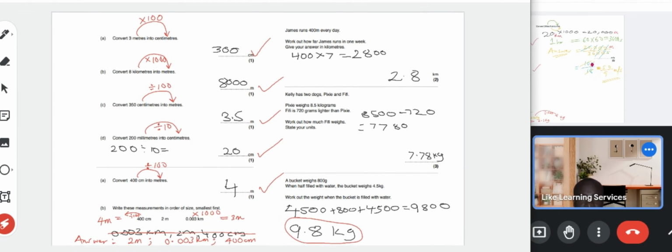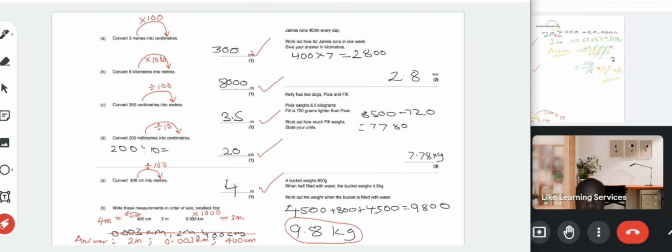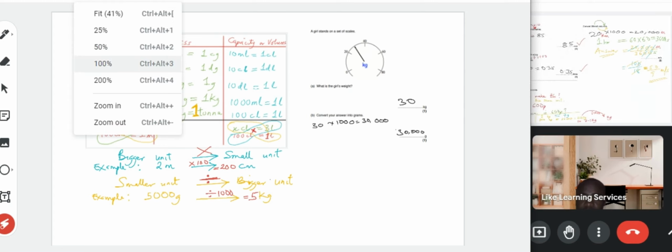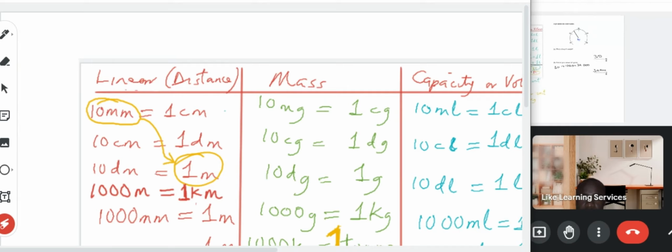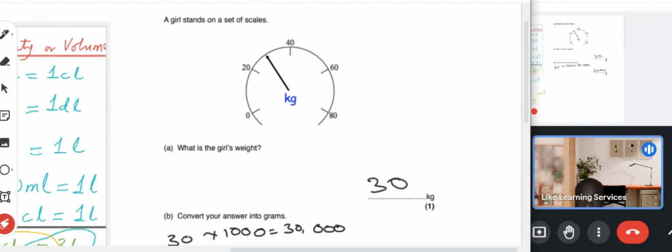Okay, go to the previous page. Let's finish up with this one you did. Okay, I think before the previous page, go to page 16 of 20. Yes, this one you did it properly. A gear stands on a set of scales. Now this is where the scale reading is.